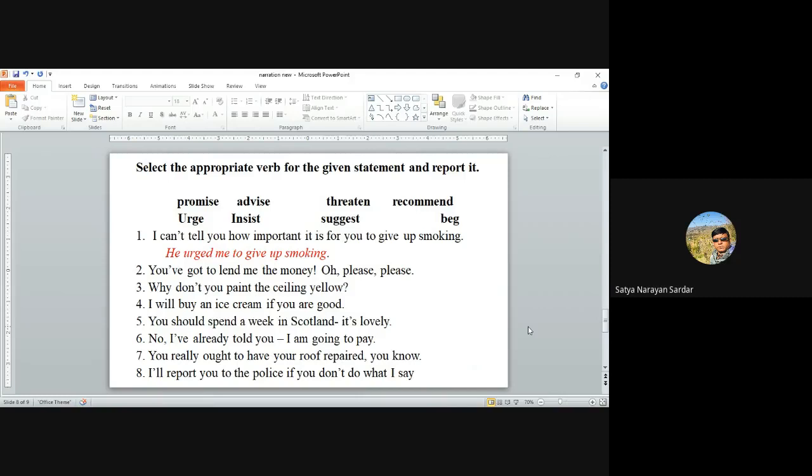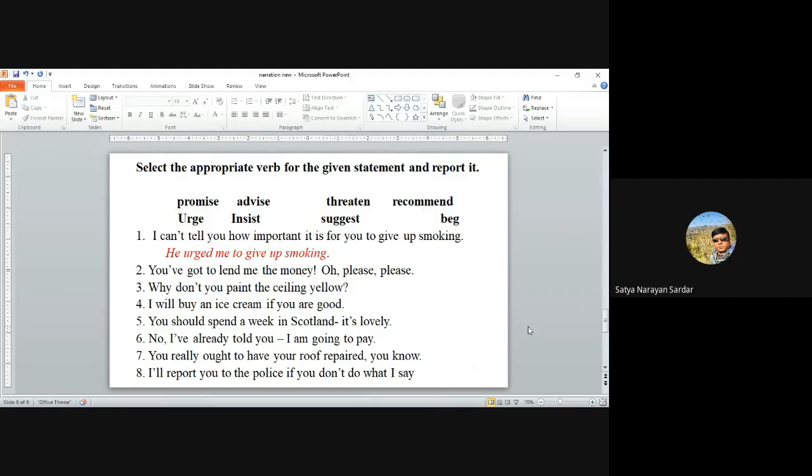Number three, "Why don't you paint the ceiling yellow?" We have got two verbs, advise or suggest. As I have told you earlier, we can use either of them or both of them. We can say, he advised me to paint the ceiling yellow, or he suggested that I should paint the ceiling yellow.